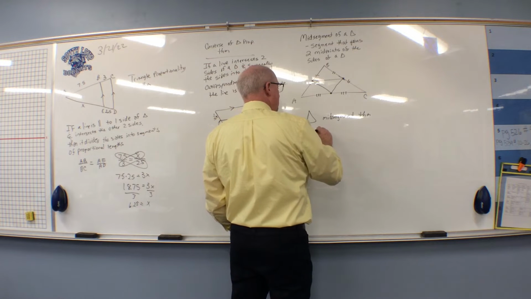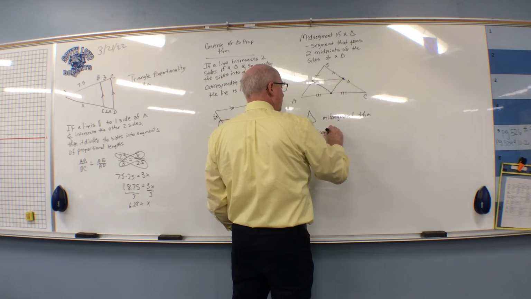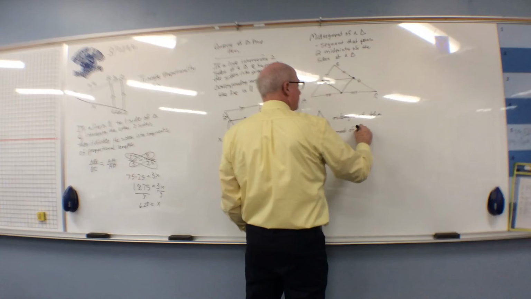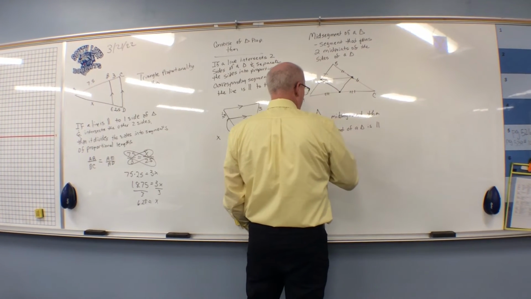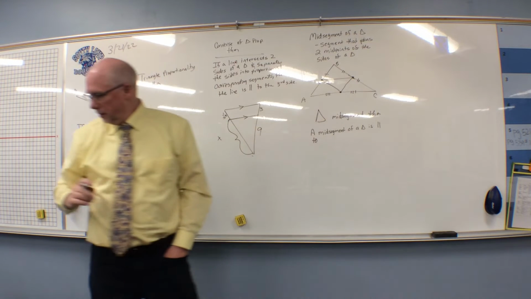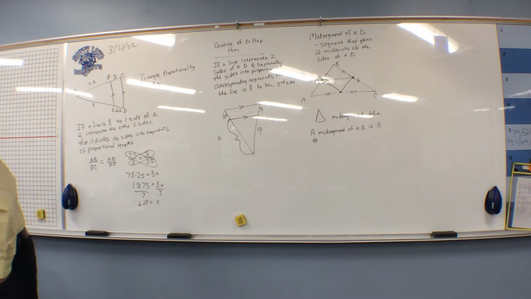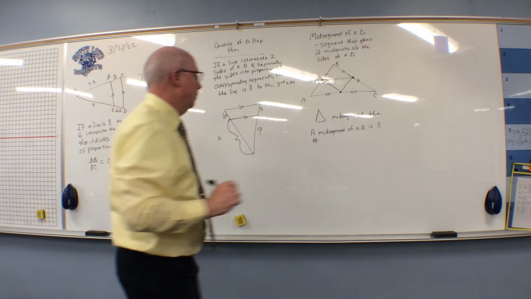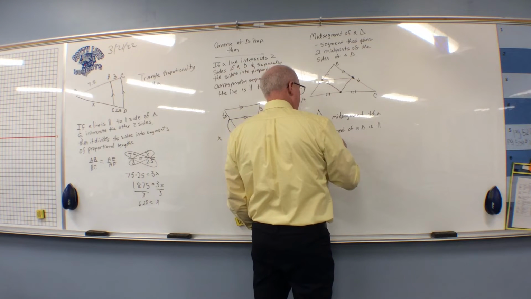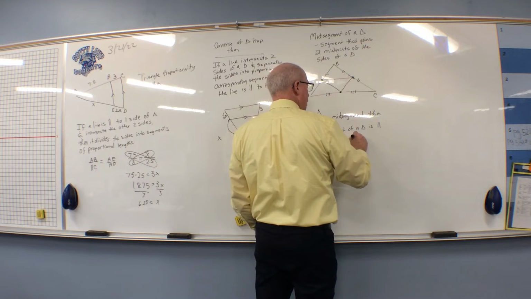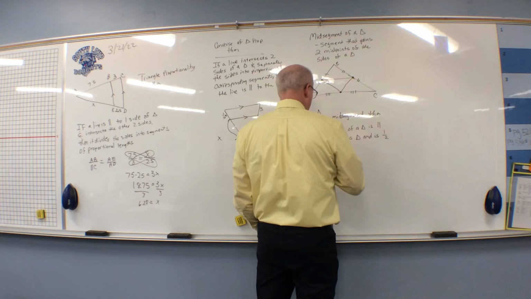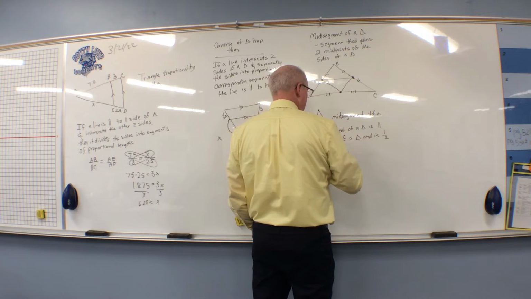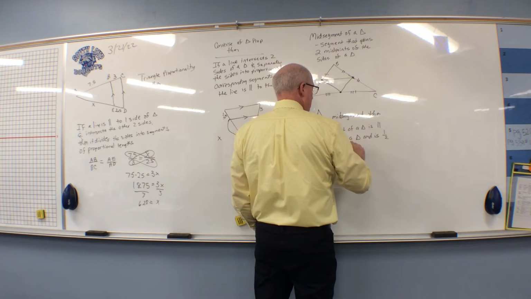A mid-segment of a triangle is parallel to, how does the book say it? To one side of the triangle, and is 1/2 the length of that side.